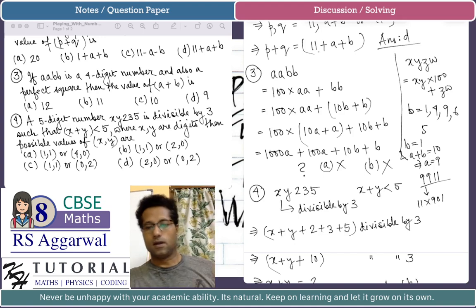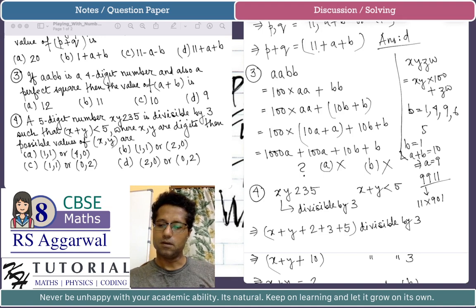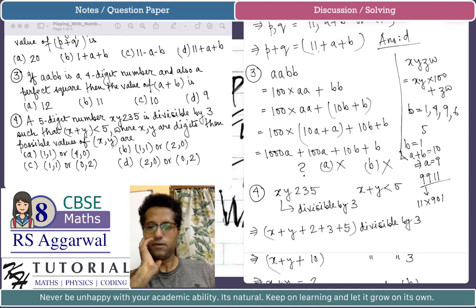No, I don't think I can solve this problem because nothing really is coming into my mind. Whatever knowledge I have regarding the chapter on playing with numbers, I don't think I will be able to solve it. So sorry, I couldn't solve problem number 3.